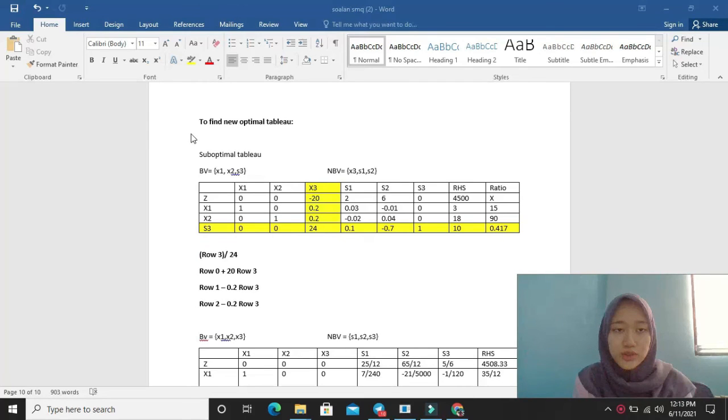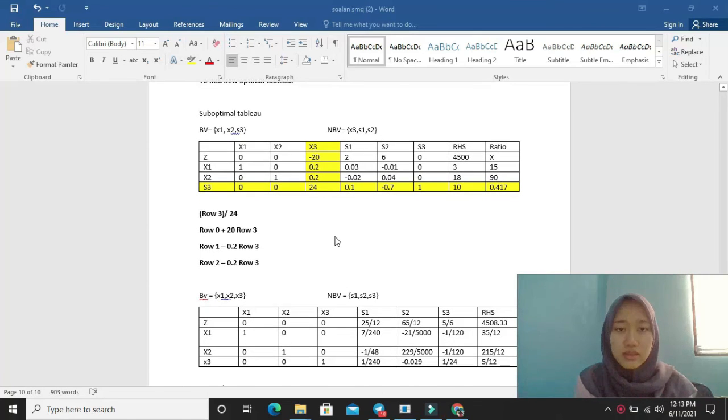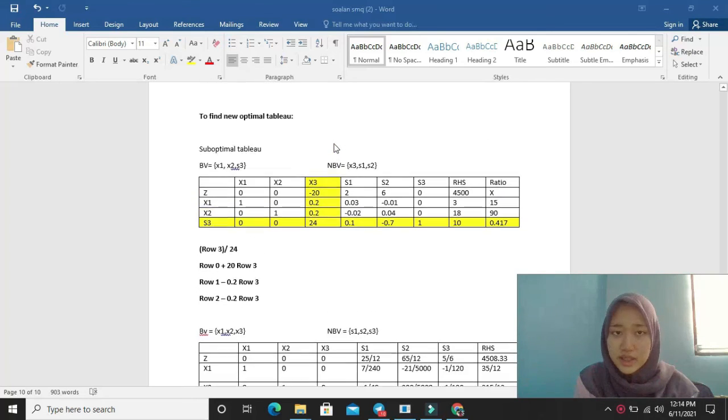Alright, so to find the new optimal tableau, we need to use the simplex method. First of all, substitute the values of Z, X1, X2, X3, the XBV and the NBV here, and the right hand side that we obtained just now.